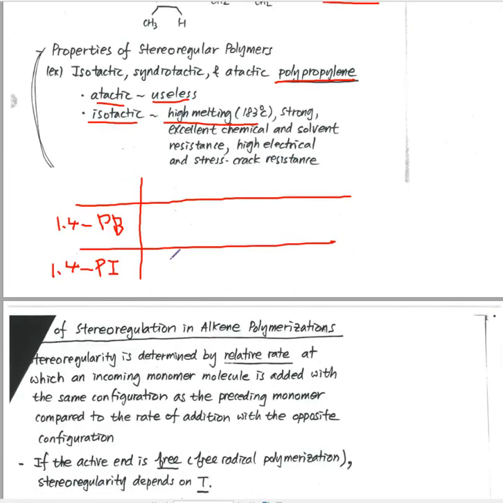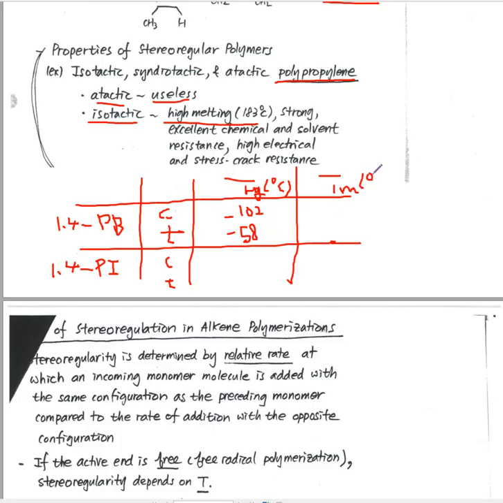If you compare these two for cis and trans configuration, in terms of Tg and Tm, you can see a clear difference between the cis and trans forms. For example, cis 1,4 polybutadiene has a Tg, in degrees C, of minus 102. On the other hand, trans 1,4 polybutadiene is minus 58, much higher.